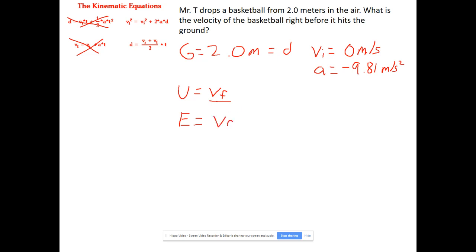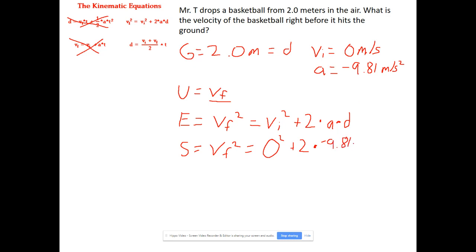So let's write that down. Final velocity squared is equal to initial velocity squared plus 2 times acceleration times displacement. There's our equation, so let's substitute. We have final velocity squared equals initial velocity squared, hey, 0, perfect, 0 squared, plus 2 times negative 9.81 times 2.0.